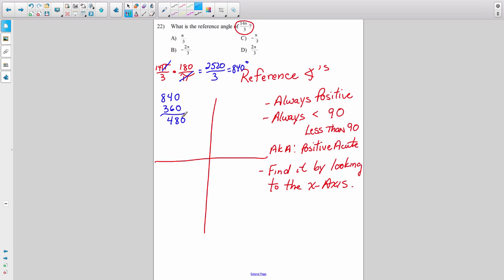That's still big. I'll take another 360 away, and I get 120 degrees. That I can draw without making it too sloppy, right?